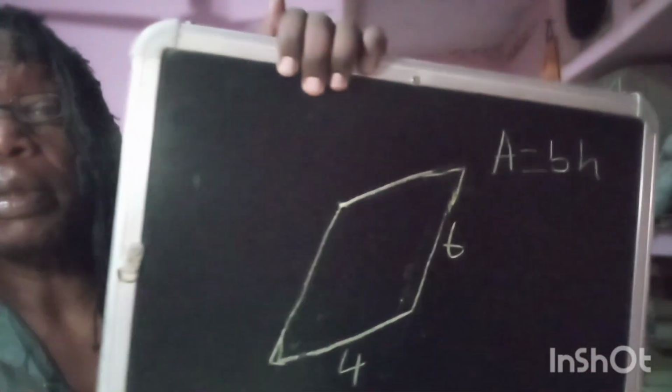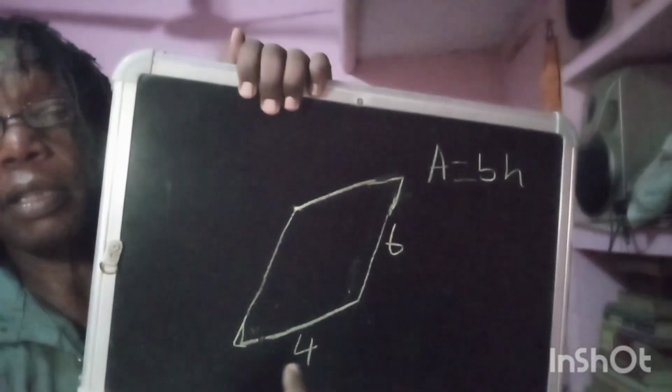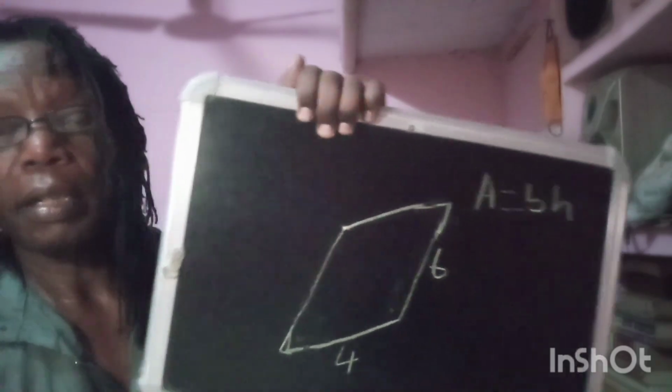Now, what's the formula for this? The area of a parallelogram is equal to the base times the height. This is the formula. Now let's assume this is the base, and the height will be this one.